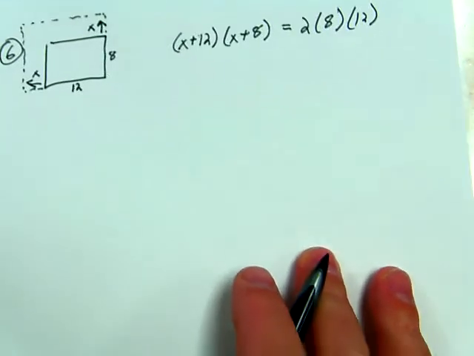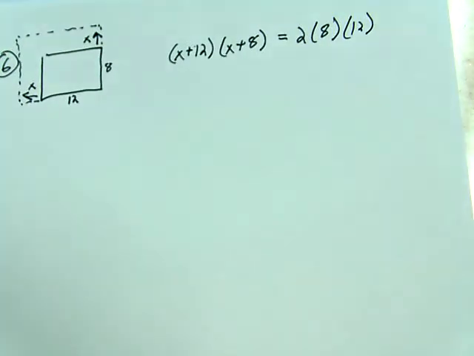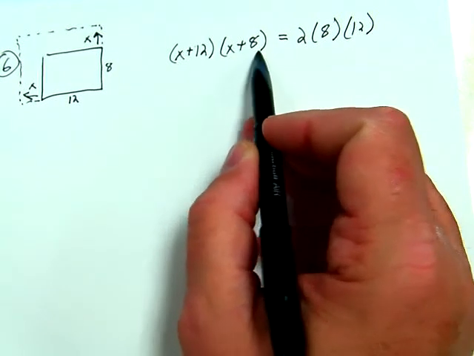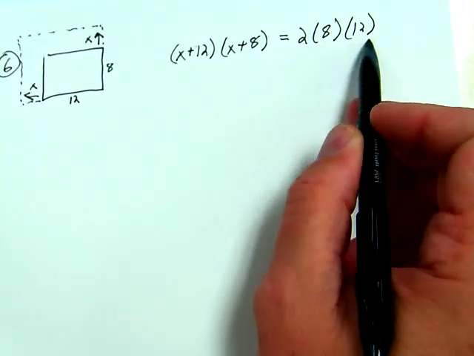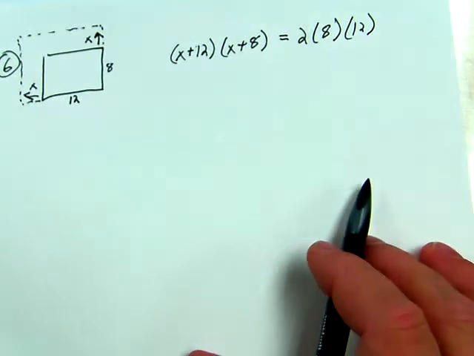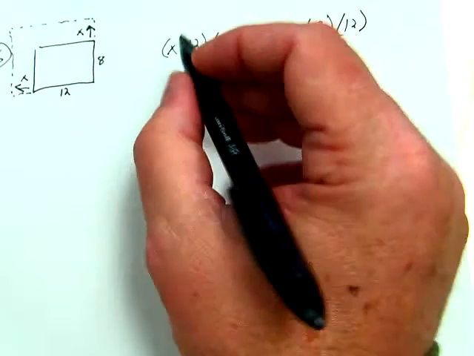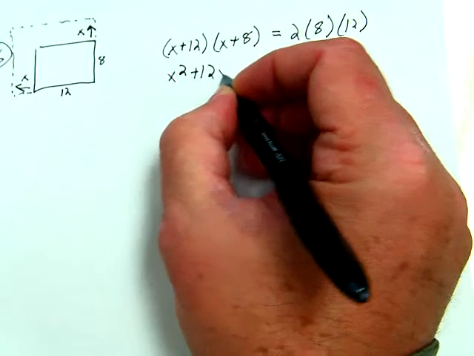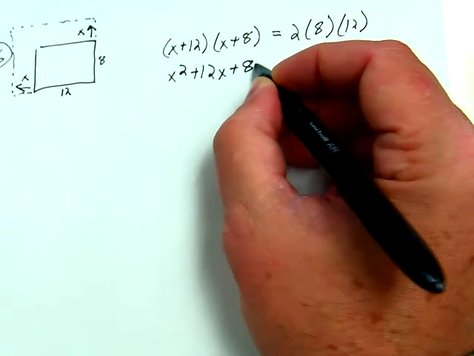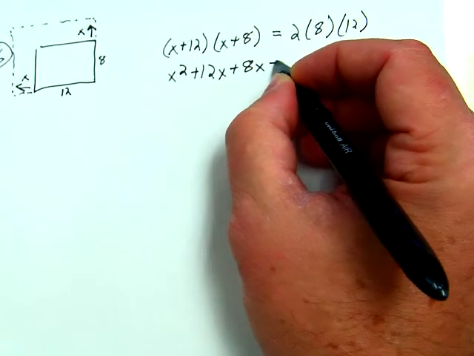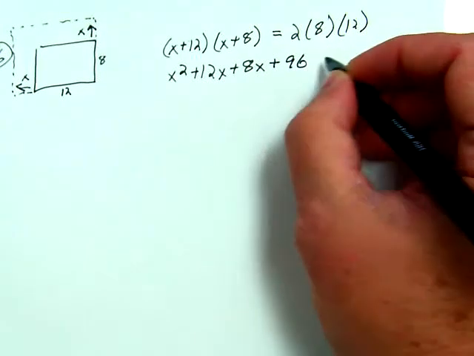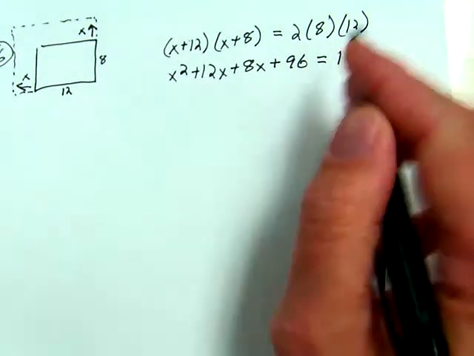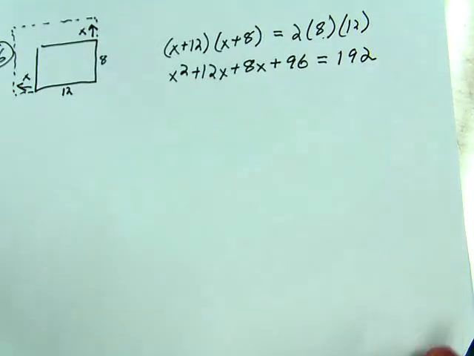All right, does everybody see that there now? So I've got my new width and my new height is equal to my new area. And I just have to solve for x. So doing so, I'm going to multiply it out. I get x squared plus 12x plus 8x plus 96 is equal to, and this is 192. 2 times 8 times 12 is 192.